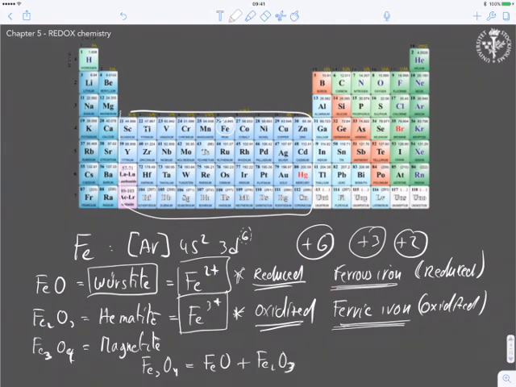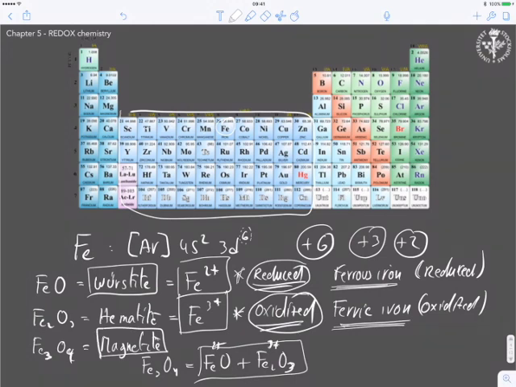So what you have here is a combination in a single mineral of a reduced form of iron and an oxidized form of iron in the same mineral. So in this case, this would be 2+, 3+ here, and 2+. So this is an exception. This is a very cool mineral, magnetite, that has in the same crystals both forms of iron, the reduced one and the oxidized one.